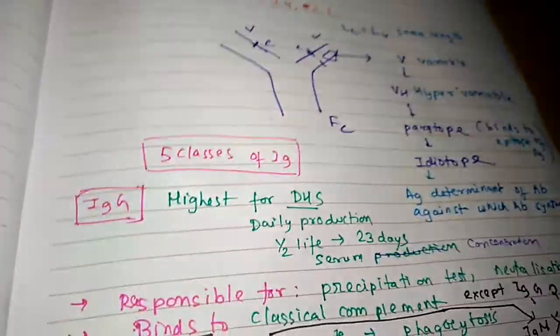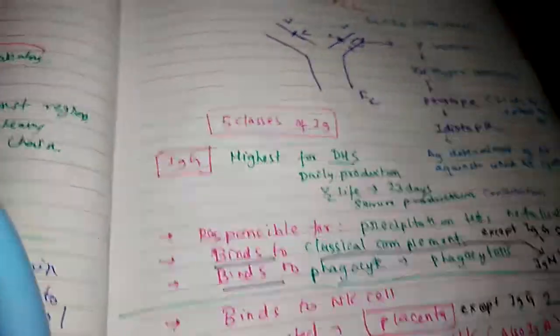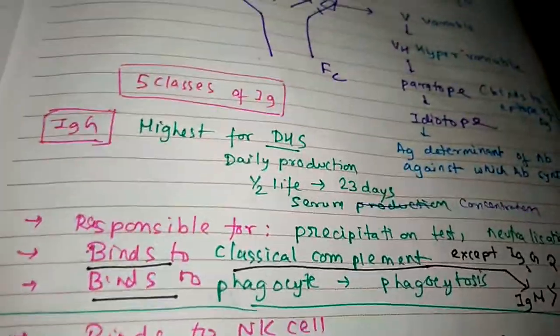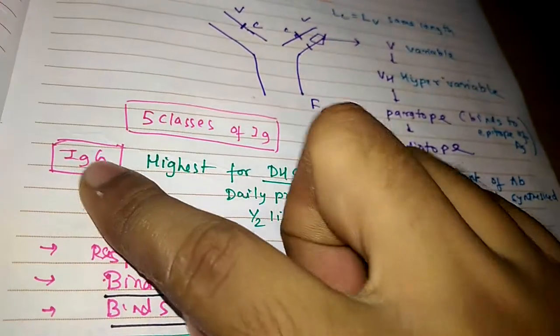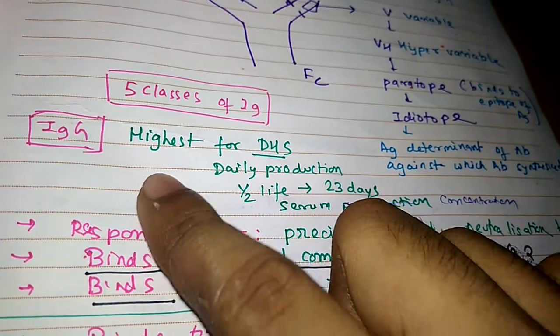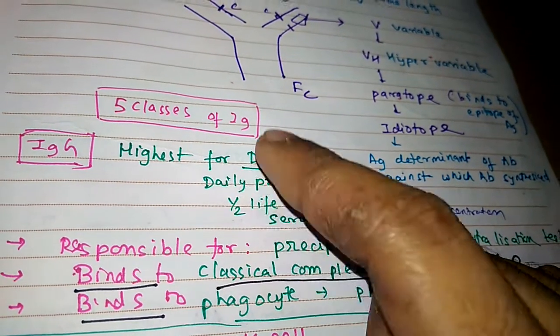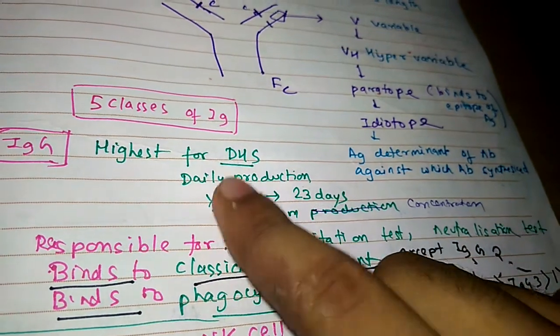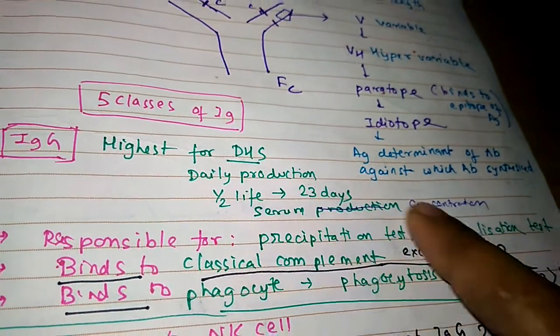Next, we jump to the 5 classes of antibodies: IgG, IgA, IgM, IgD, and IgE. The first one we are discussing is IgG. IgG is said to have the highest DHS. What is DHS? D stands for daily production, H for half-life, and S for serum concentration.